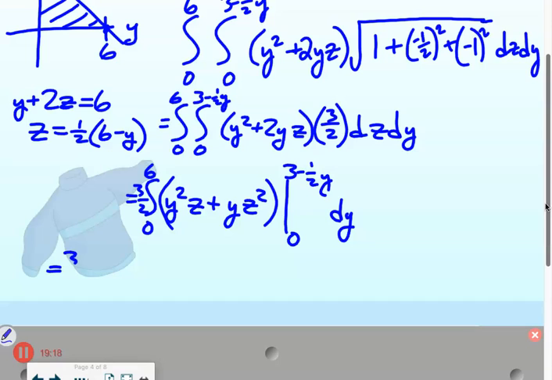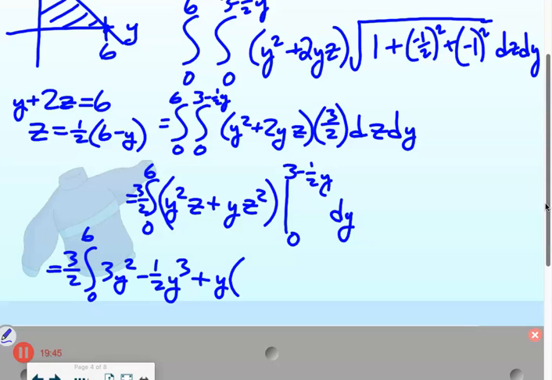So let's see, those are z's. So I have y, I'm just going to distribute. So I have 3y squared minus 1/2 y cubed plus y times that squared.